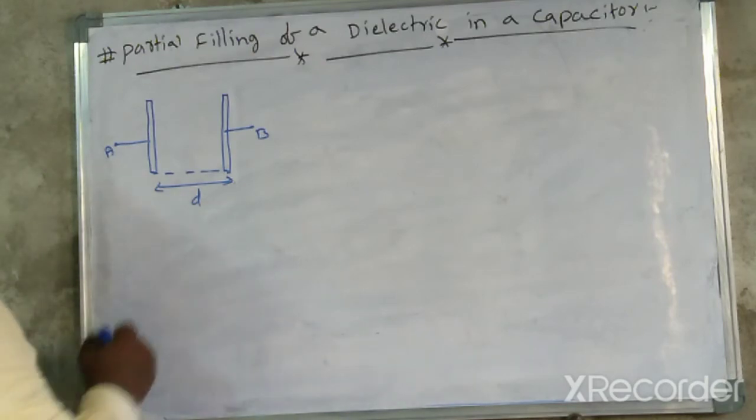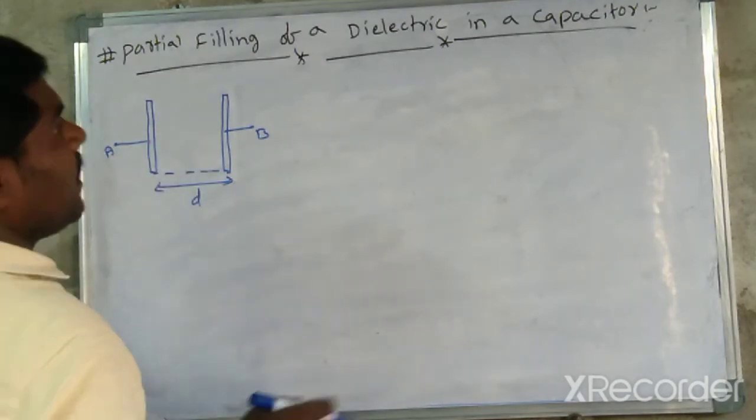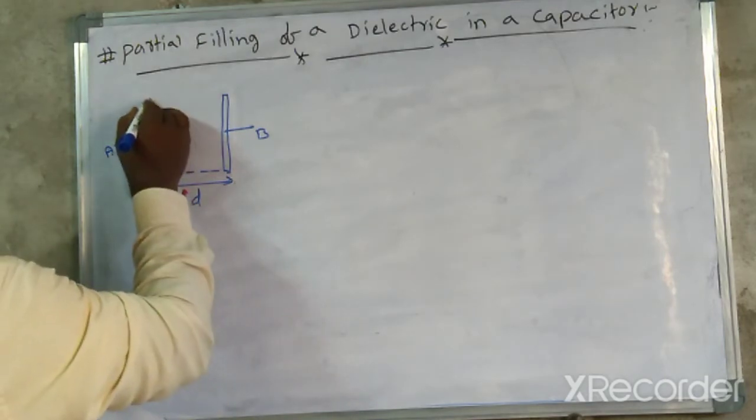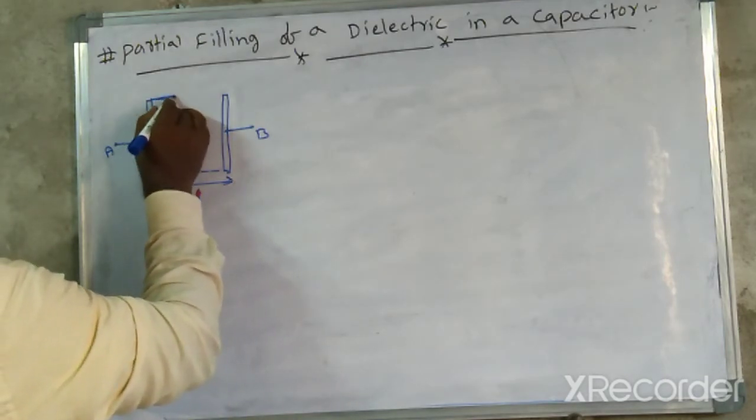In the previous case it was completely filled with dielectric; here it is partially filled with dielectric like this.